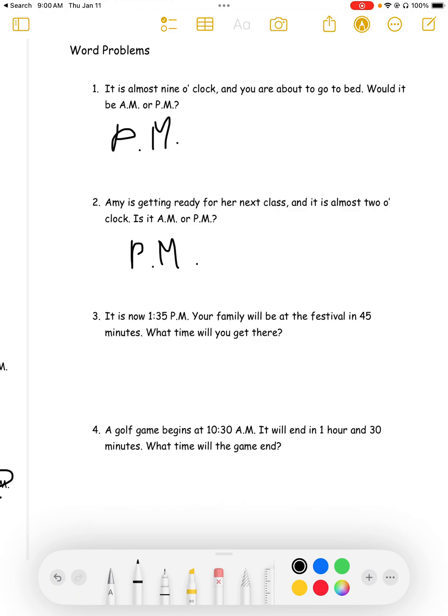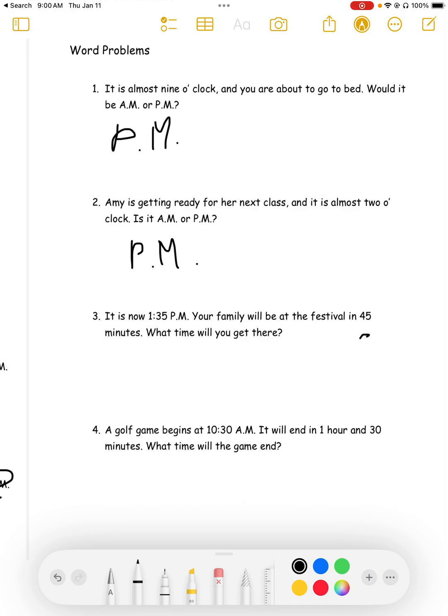Now for question number 3. It is now 1:35 PM. Your family will be at the festival in 45 minutes. What time will you get there? So first we need to add 35 plus 45.